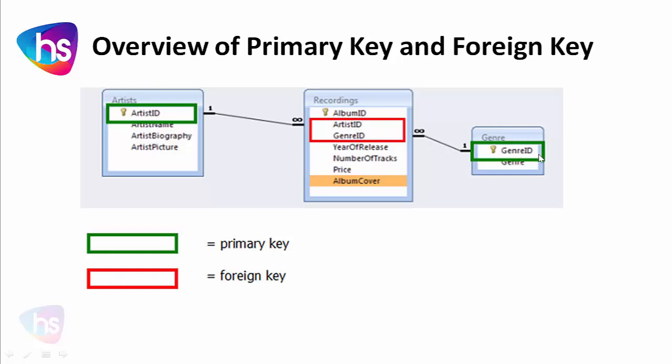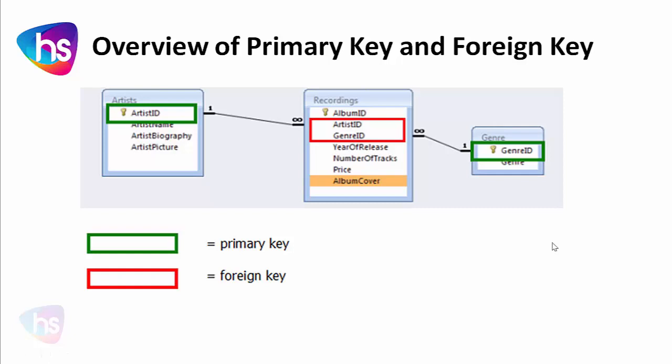The genre ID is also a primary key here. These two keys are referenced in the recordings table: artist ID and genre ID, in red or orange color, showing foreign keys. And in recordings, the album ID itself is the primary key for this particular table. This is how it is.